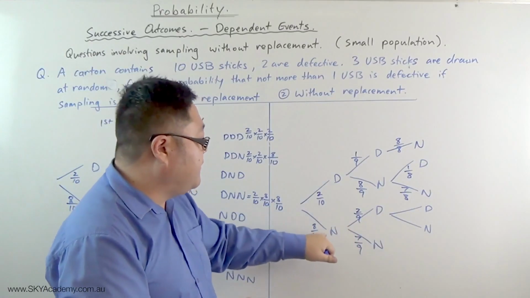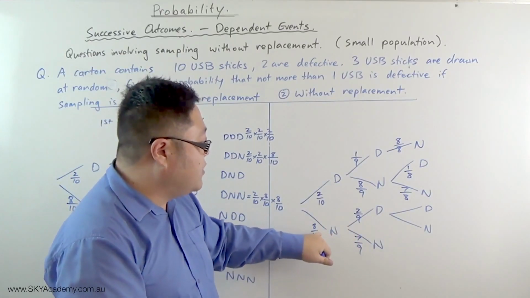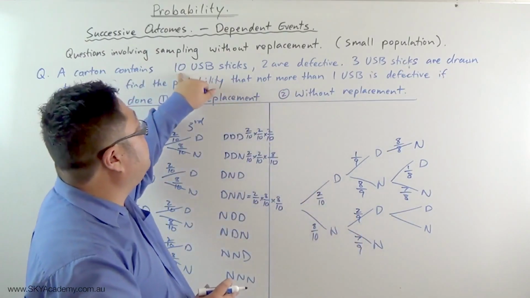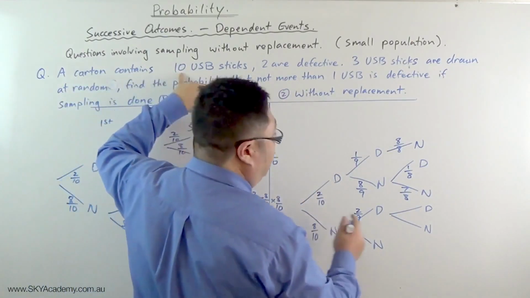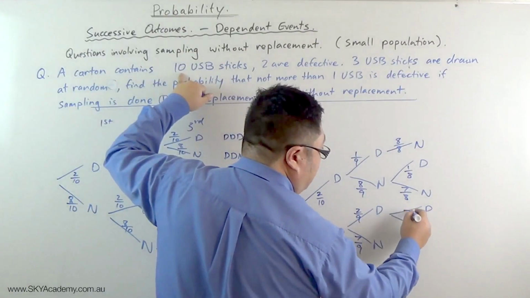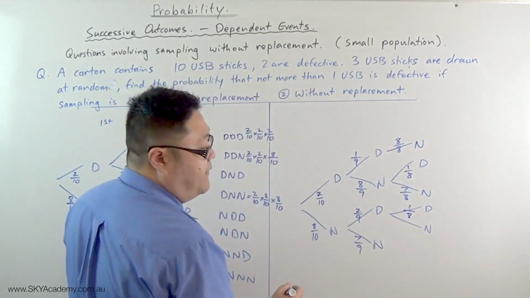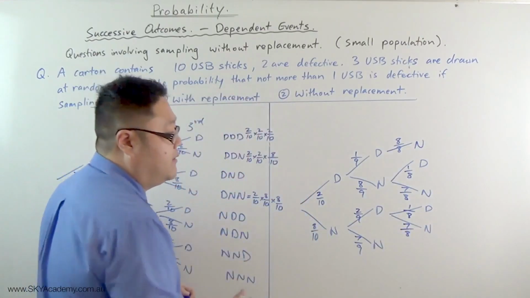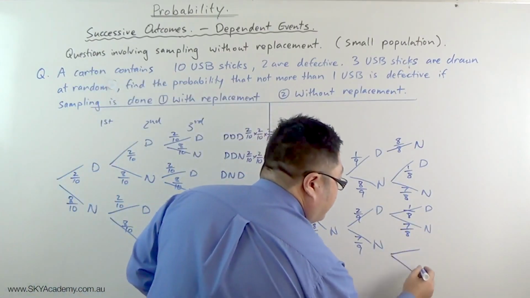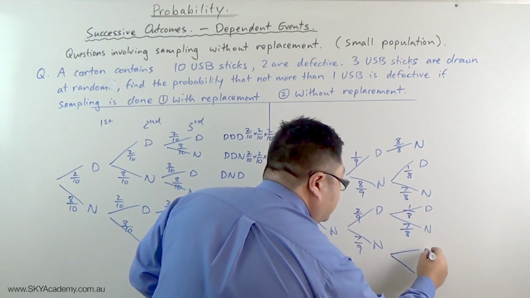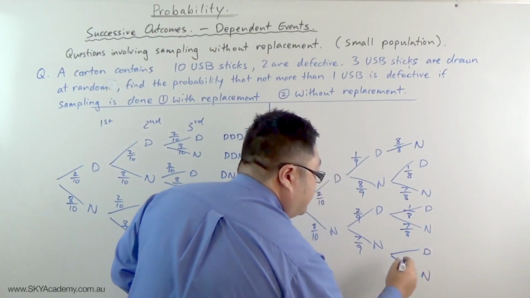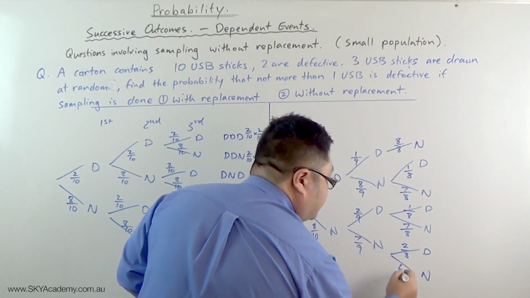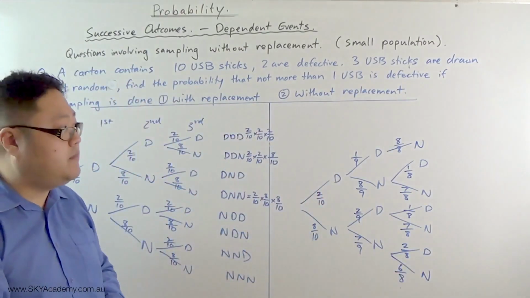Now, if you've chosen one that's non-defective, one that is defective, out of the 10 USBs, right, there'll be 8 left, of which 1 will be defective and 7 will be non-defective. Yes? And then you can also choose defective and non-defective. 2 out of 8, 6 out of 8. Got it?